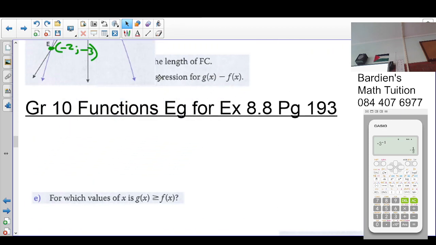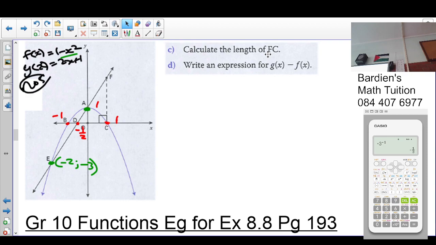Let's go with C. Calculate the length of FC. So how do you calculate the length of FC, or the distance between two graphs? Top graph minus the bottom graph.